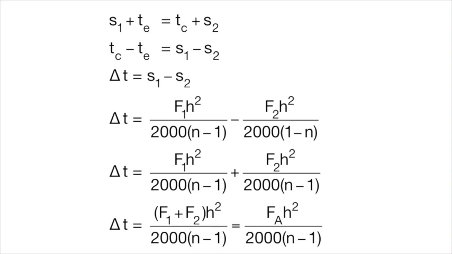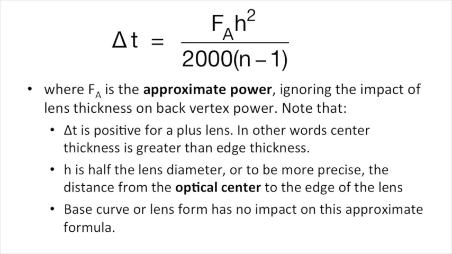So we end up with this equation that we're going to use several times and keep recycling to explore the relationship between delta T and the lens power, the approximate power, the diameter of the lens, which is actually 2h, and the refractive index.